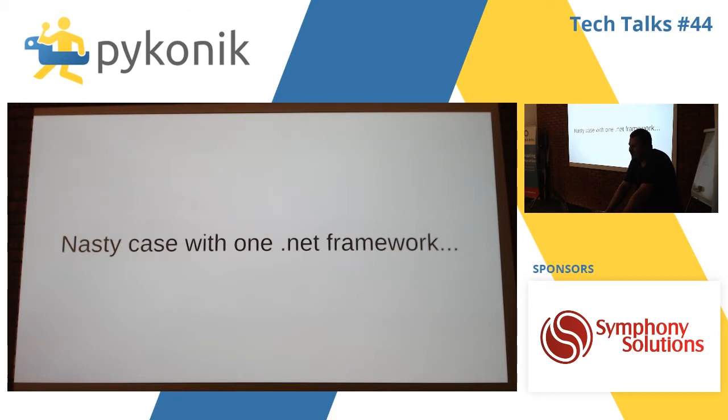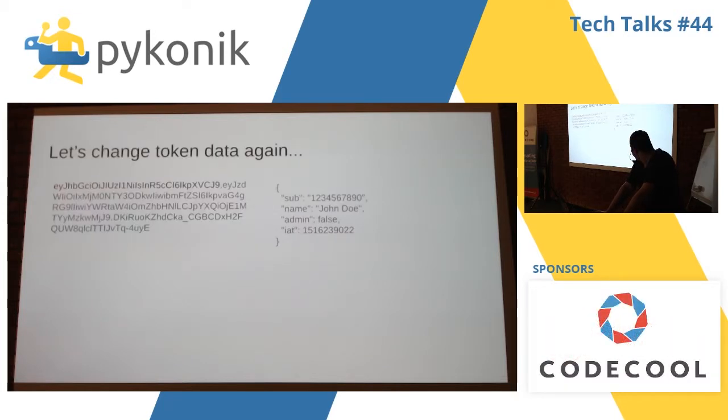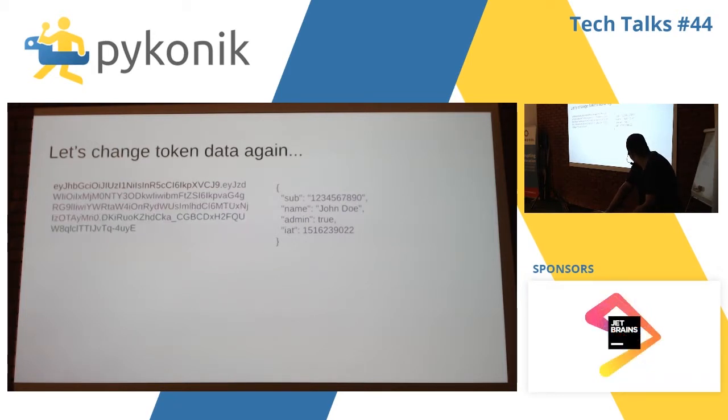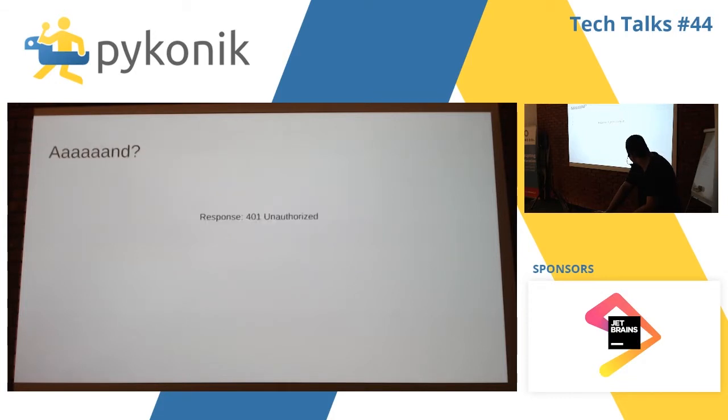One .NET framework did something bad in implementing the JSON Web Tokens. So, this is again the same JSON Web Token. We again check the admin flag, and we try. Unfortunately, it didn't succeed. Oh, wait, what is that?